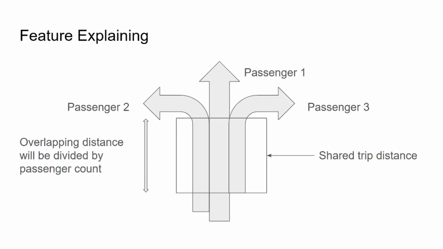So then you need to calculate what kind of taxi fare passenger 3 has, okay? So this is just a very basic example for this feature explaining. This can be more complex, there can be other complex scenarios as well.